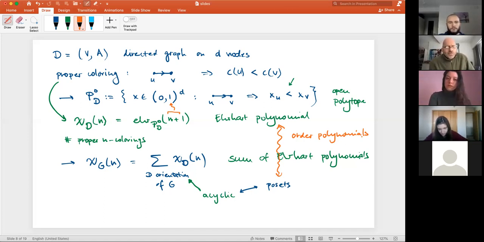There's lots of directed graphs out there, or posets, and that suggests that there's a lot of order polynomials, and that class turns out to be big enough to see some interesting examples of Ehrhart polynomials. Really only a small set of Ehrhart polynomials, but they're already interesting. And I might include a research project on order polynomials.